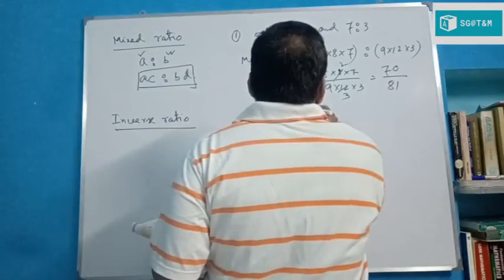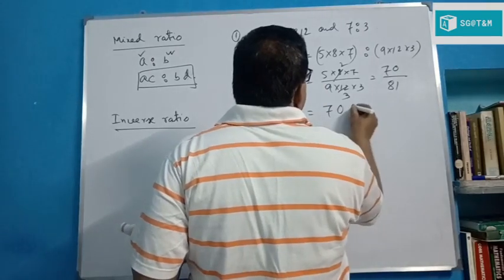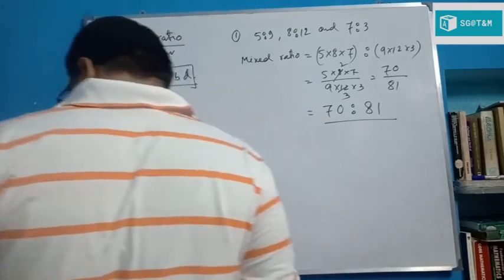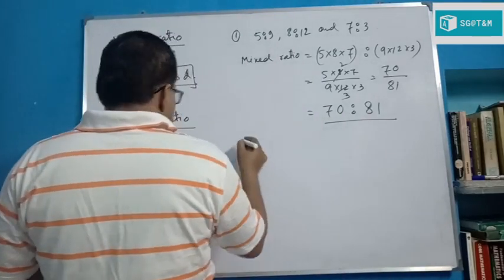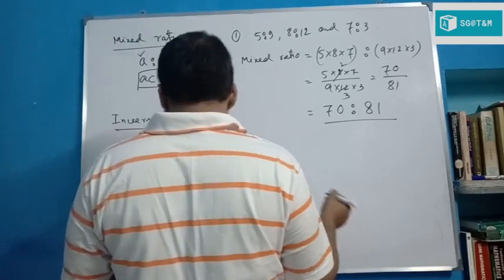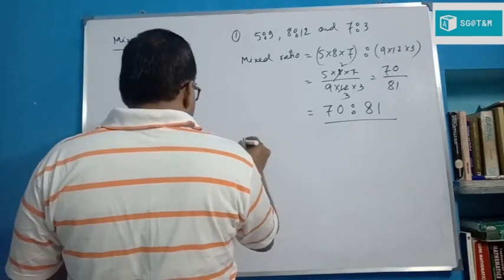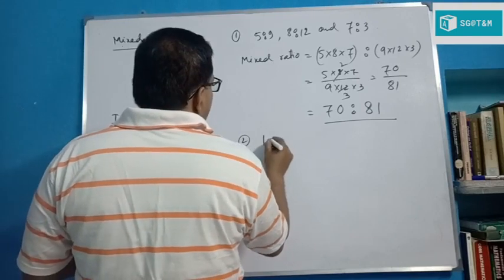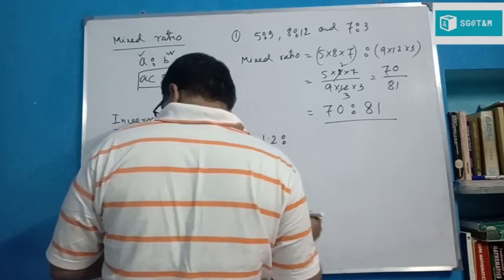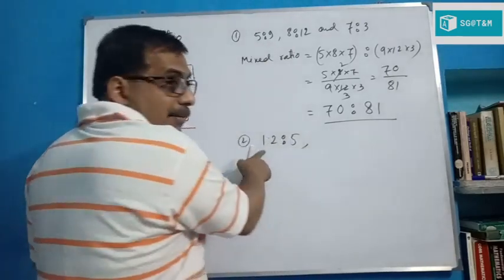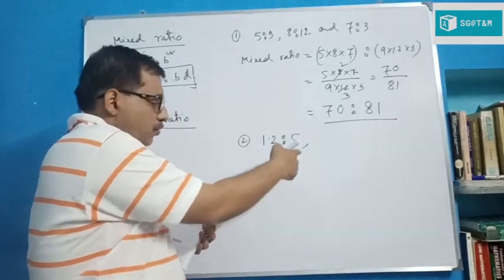So this is 70:81. Find the mixed ratio. It is for your classwork. Next, these two are your classwork.